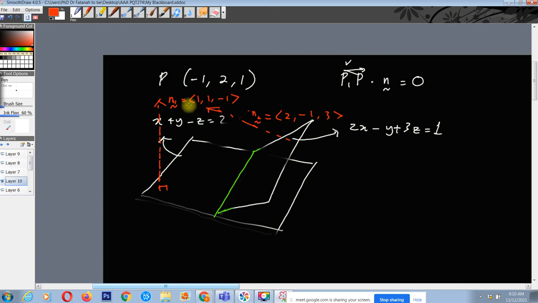At one point here, they will meet. That is the intersection. So if we take the cross product of these two normals, what we will have is perpendicular to this. Can you imagine what I mean?